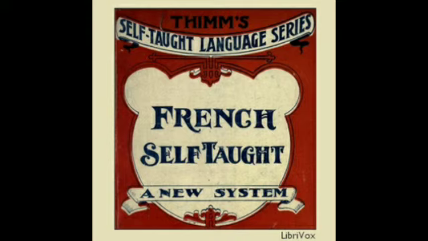A quarter to 8. 8h moins le quart. Midnight. Minuit. Noon. Midi. A quarter past 1. 1h15. 4:30. 4h30. 20 minutes to 6. 6h moins 20.